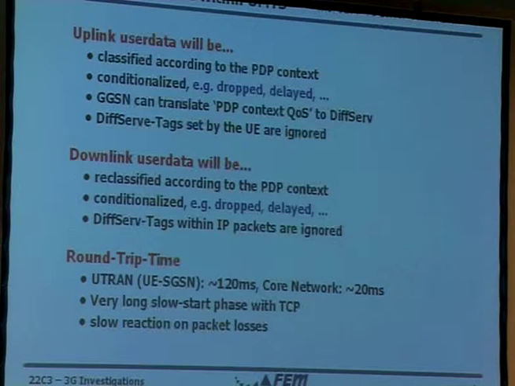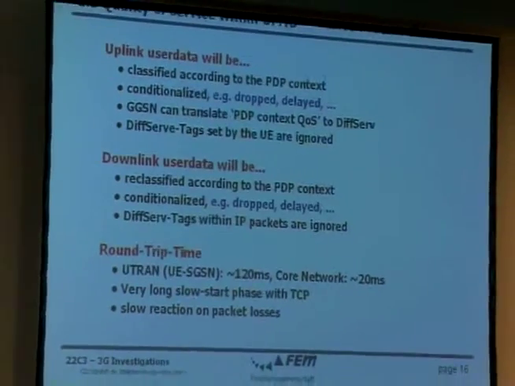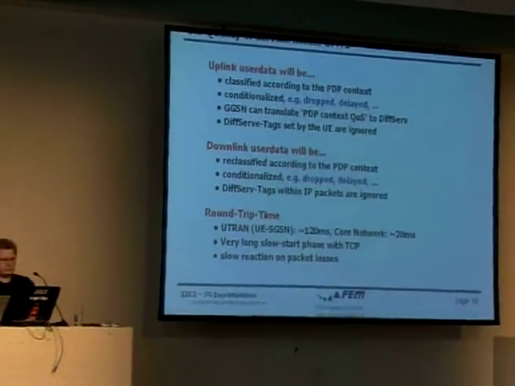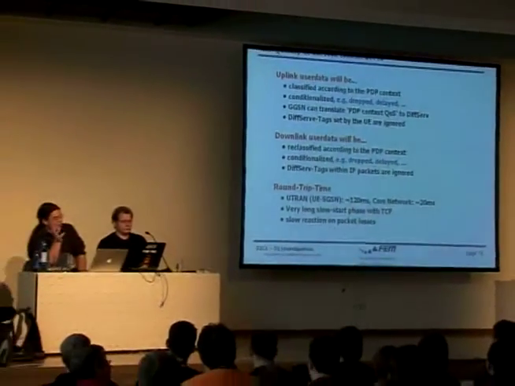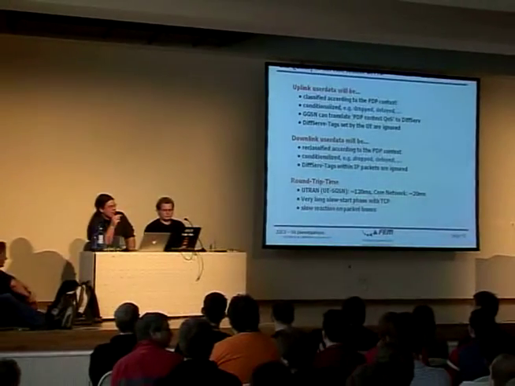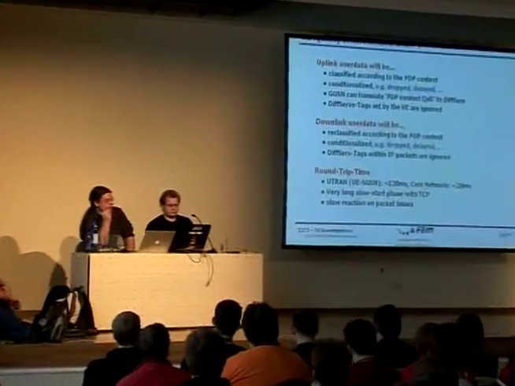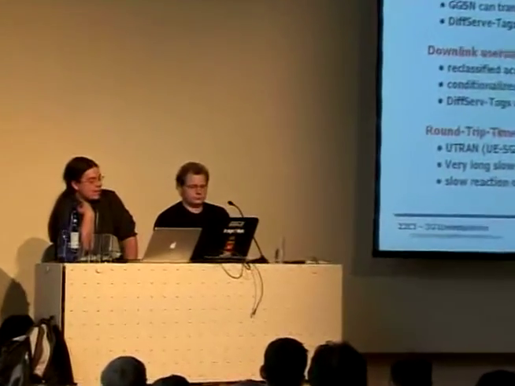There are no ways to indicate the quality of service level to the normal internet or other networks, because the UMTS will reclassify all packets who come in or go out with the quality of service level you have in your PDP context.